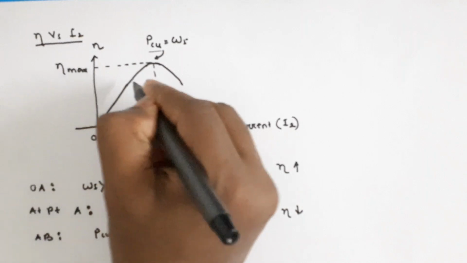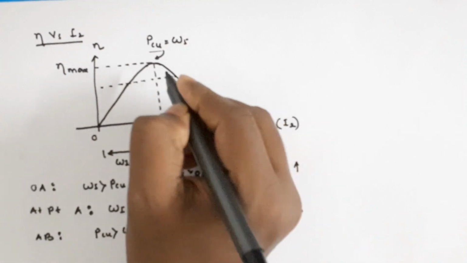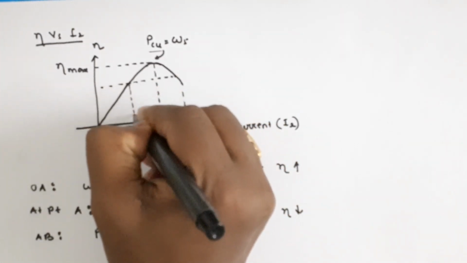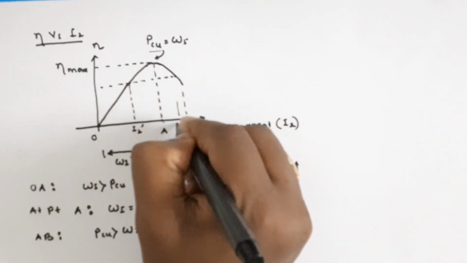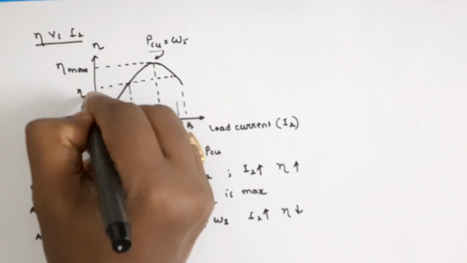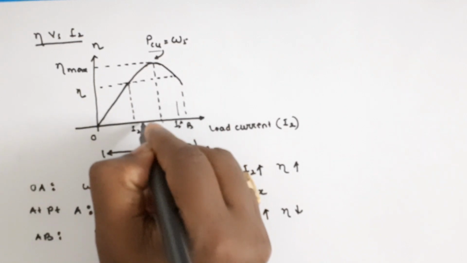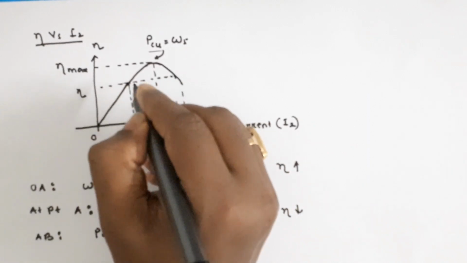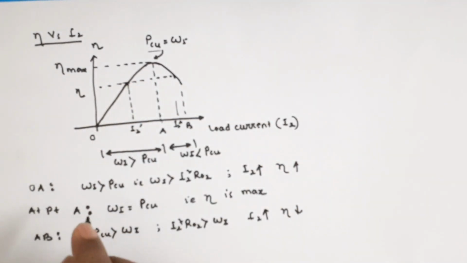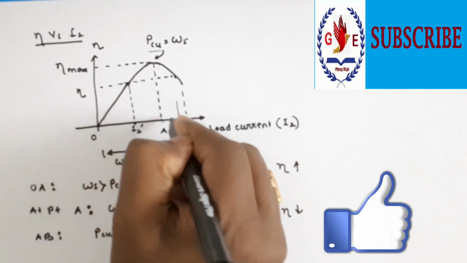Now, if I draw a line parallel to the x-axis, then we see this is your I2 dash, suppose this is your I2 double dash, and this is the efficiency. The efficiency can be obtained at I2 dash as well as I2 double dash, here and here. That means the efficiency graph is called a double valued graph, since the same efficiency can be obtained at two different currents.